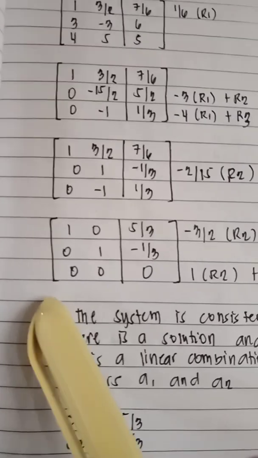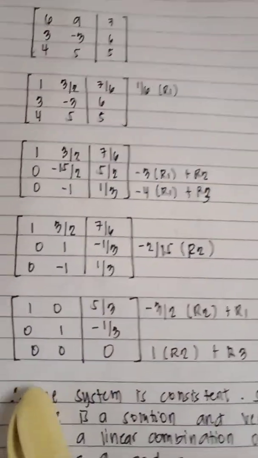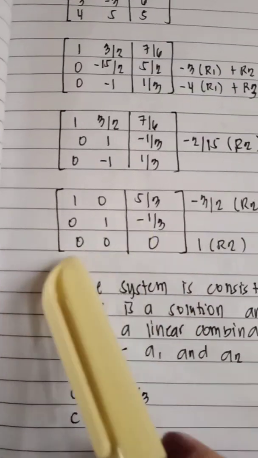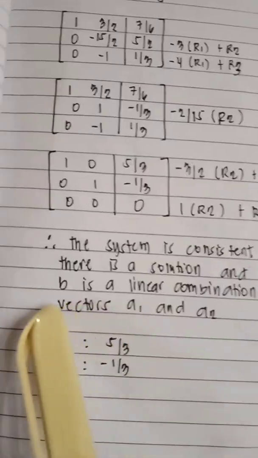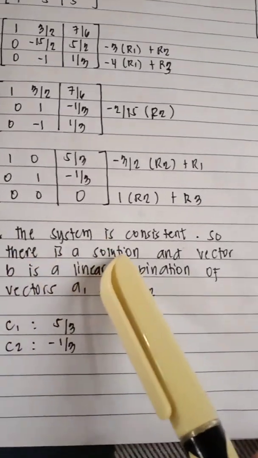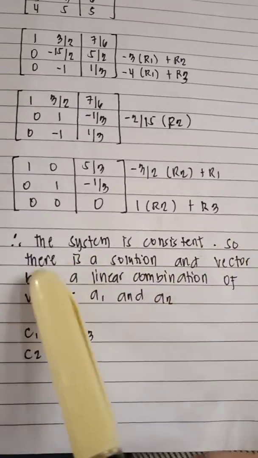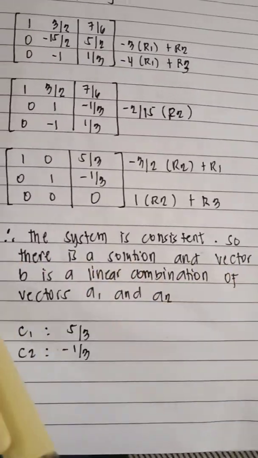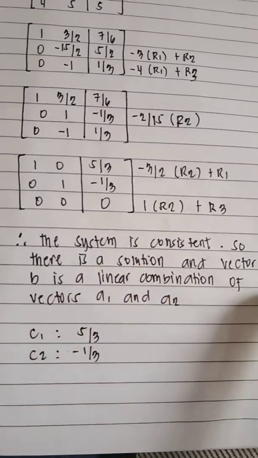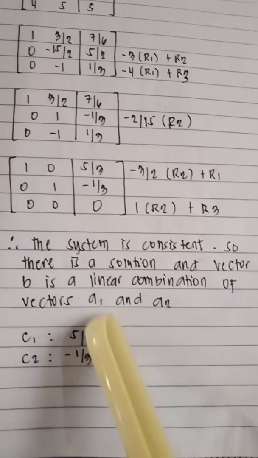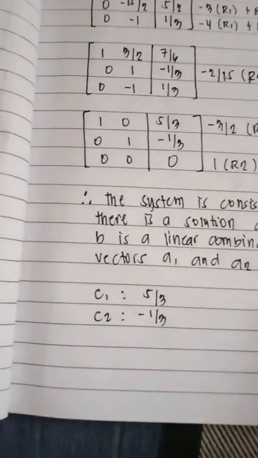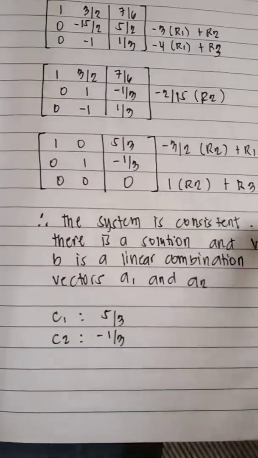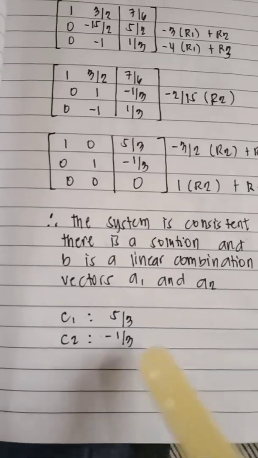So, since row 3 is 0, 0, 0, therefore the system is consistent, so there is a solution, and the vector B is a linear combination of vectors A sub 1 and A sub 2. So, C sub 1 is 5 over 3 and C sub 2 is negative 1 over 3.